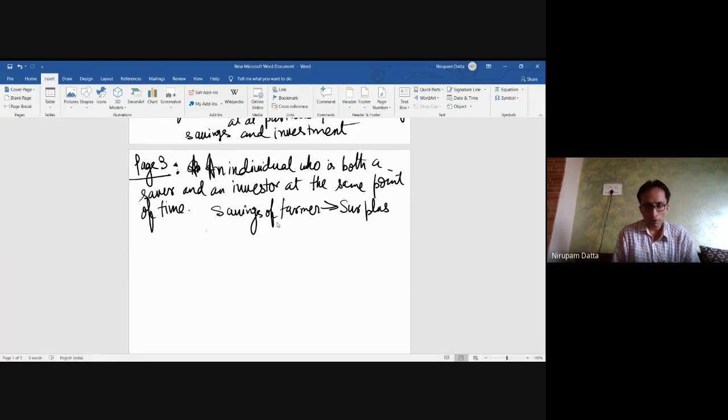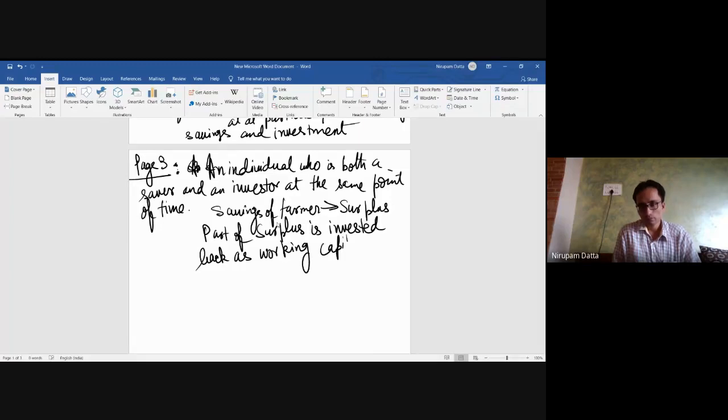So out of a part of surplus, is invested back as working capital for the next season of farming.